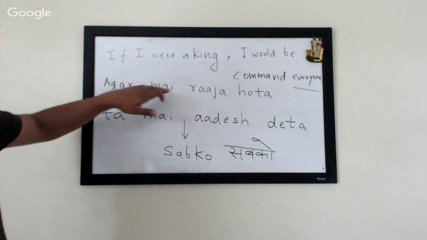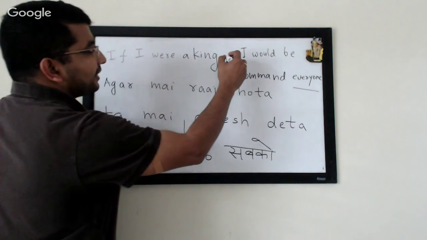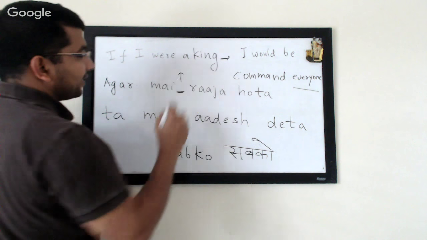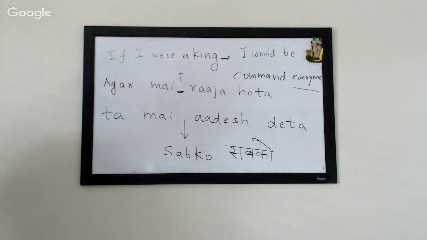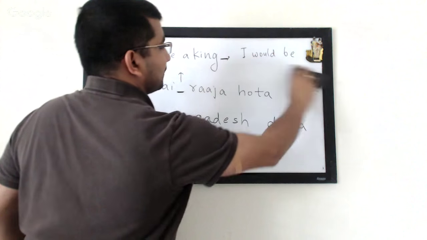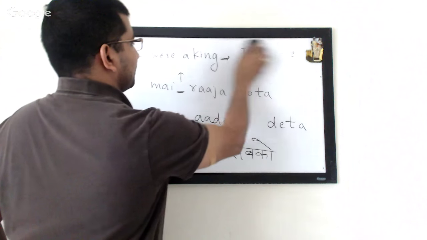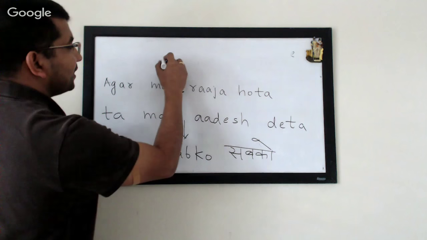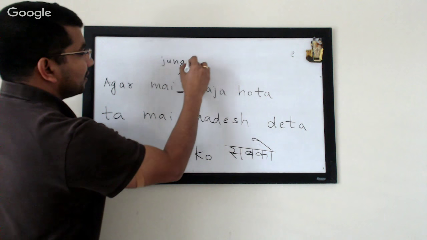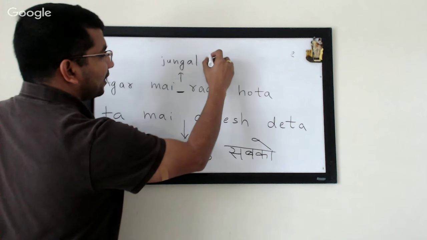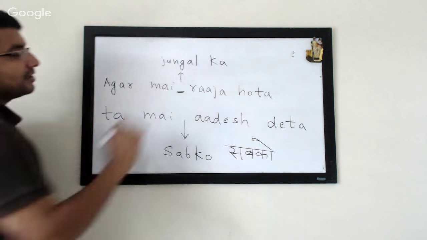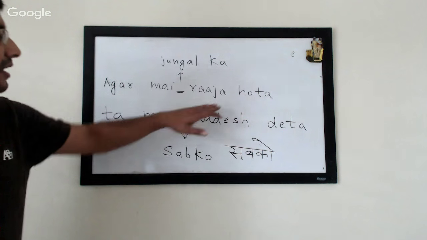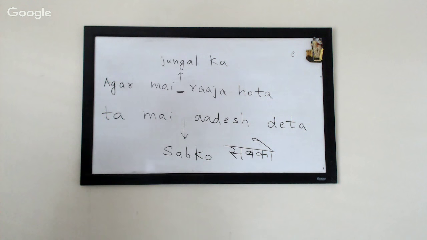All you have to do is, agar main, put a king of the forest here. अगर मैं जंगल, जंगल is forest here, जंगल का राजा होता, of the forest, right? Very good. अगर मैं जंगल का राजा होता तो मैं सबको आदेश देता.